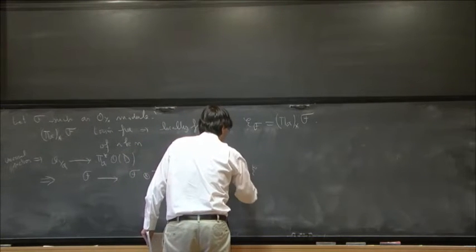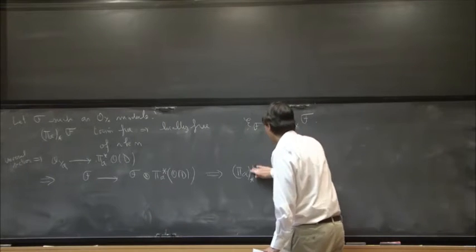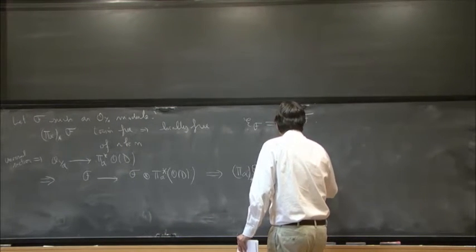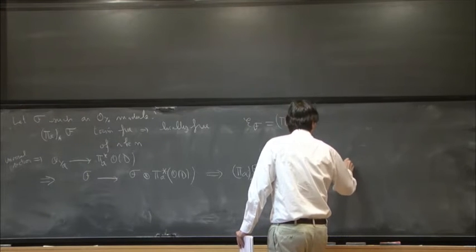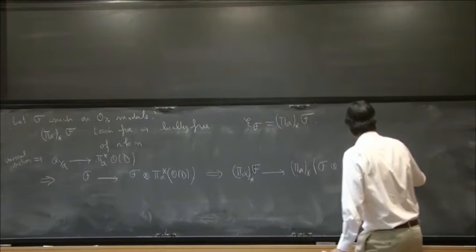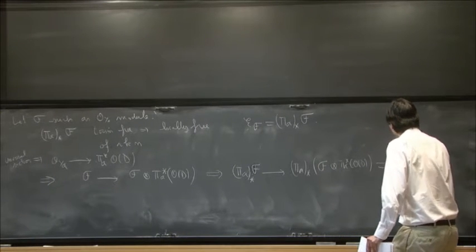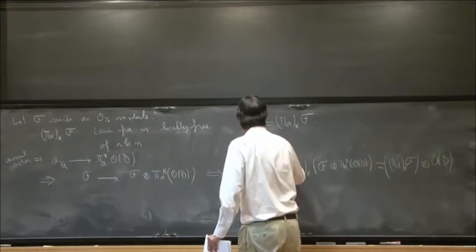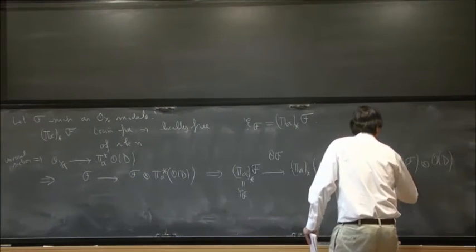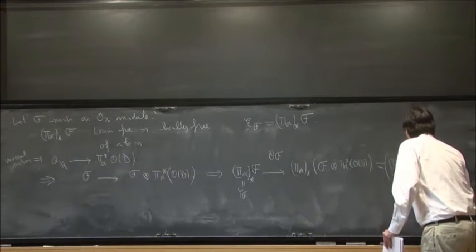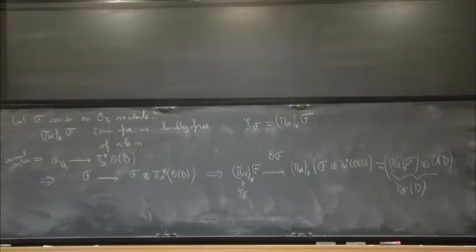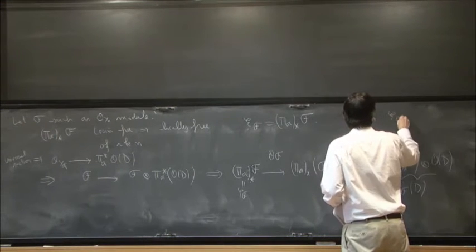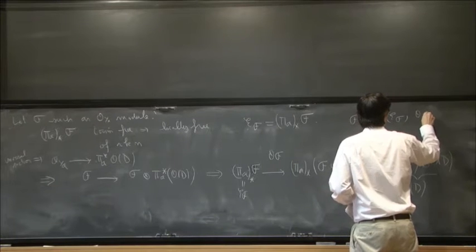This gives you a morphism of O_C modules. And by the projection formula, this is nothing else but the push forward of F twisted by D. So this is theta_F, from E_F to E_F twisted by D. So in this way, I get a functor which associates to F the Hitchin pair (E_F, theta_F).